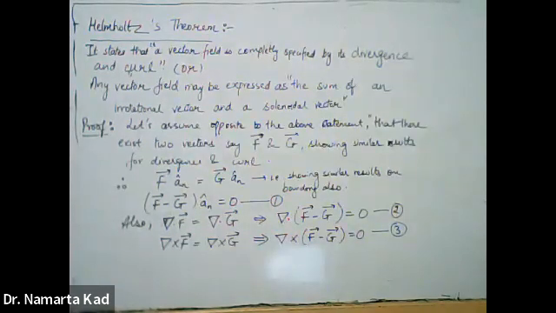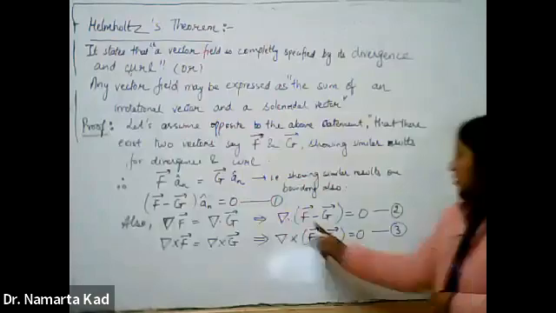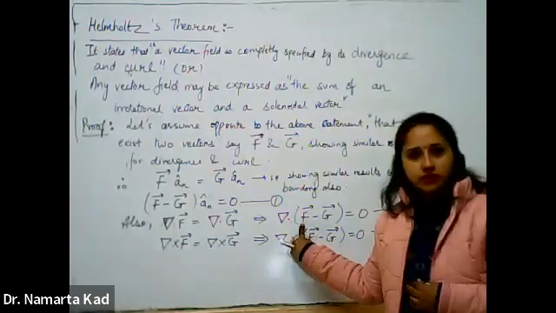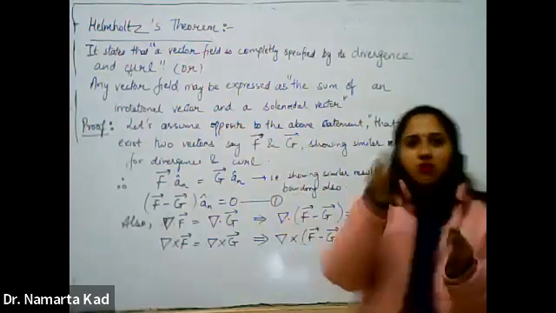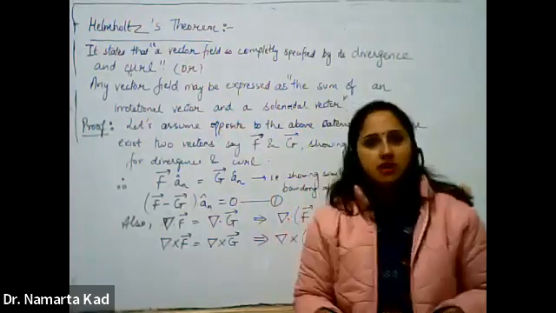Now from equation numbers 2 and 3, what is seen here is that F is any vector, G is any vector that we have assumed, and the result of vector minus vector is again a vector.